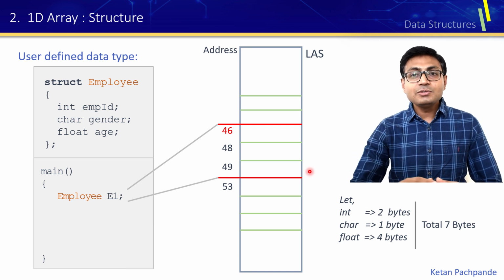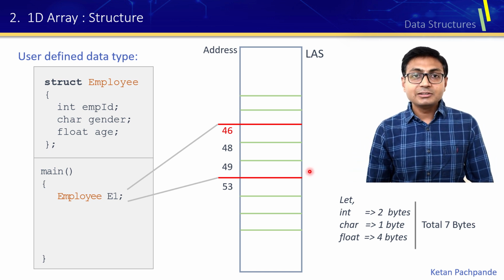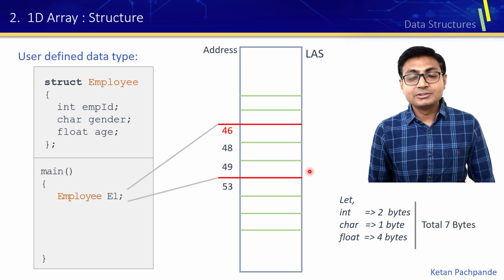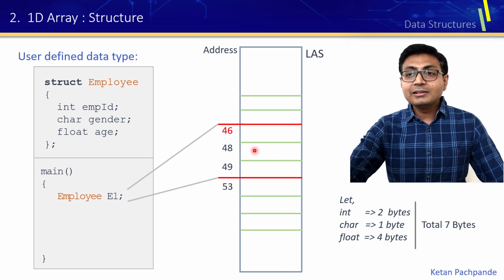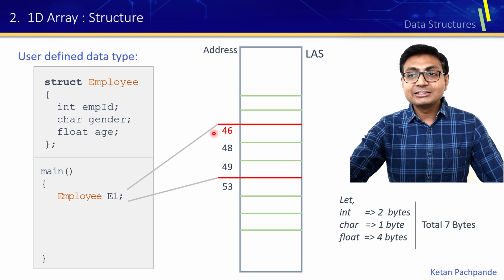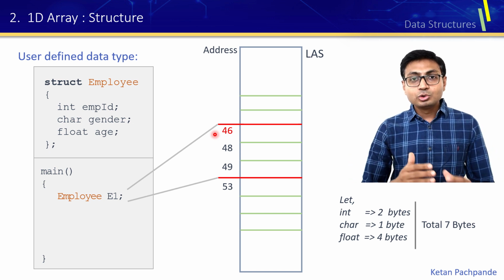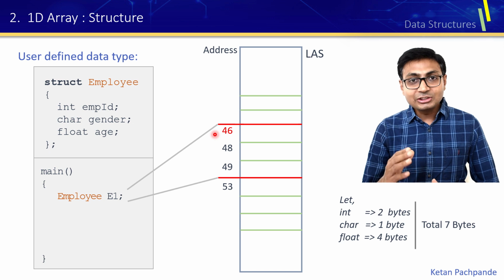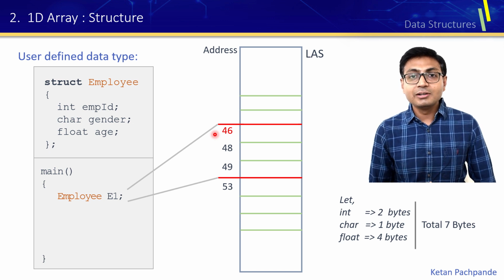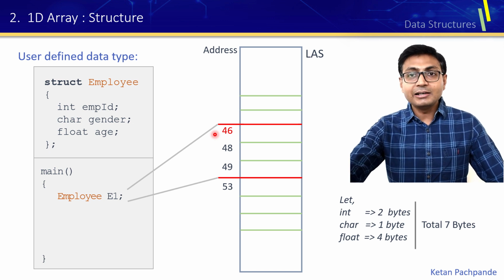Now, what is the arrangement of these variables in these 7 bytes? Assume that these 7 bytes start with the address 46. So right from 46, 47, 48, and so on, 7 addresses starting with 46 will be allocated for employee E1.